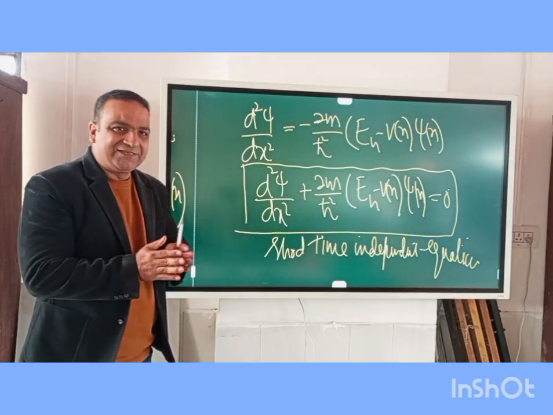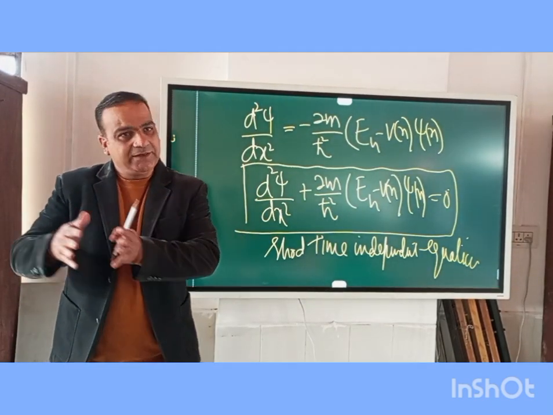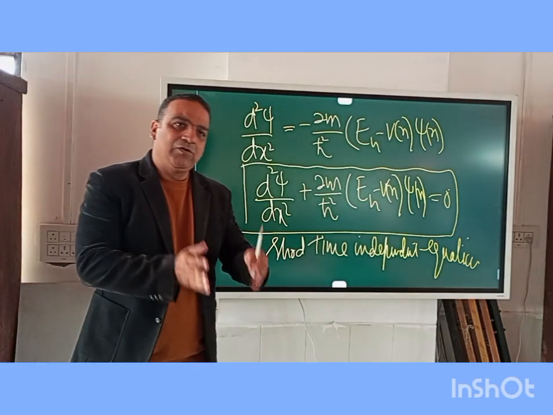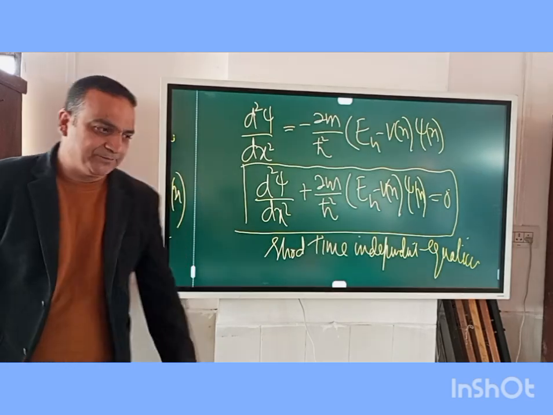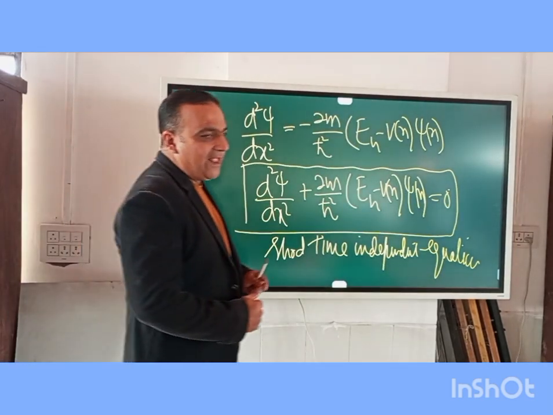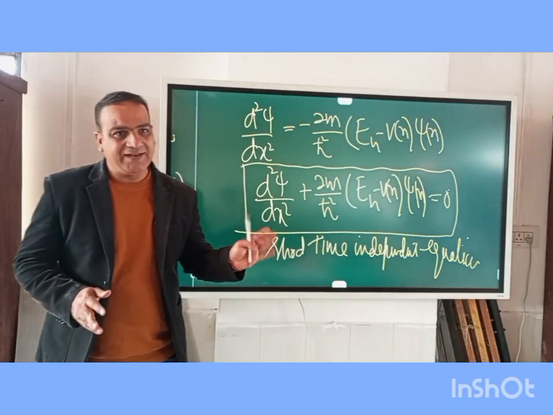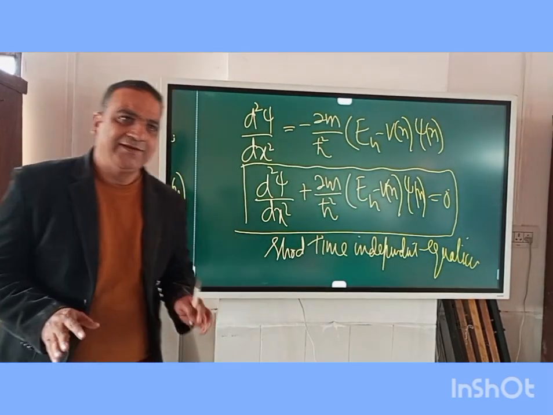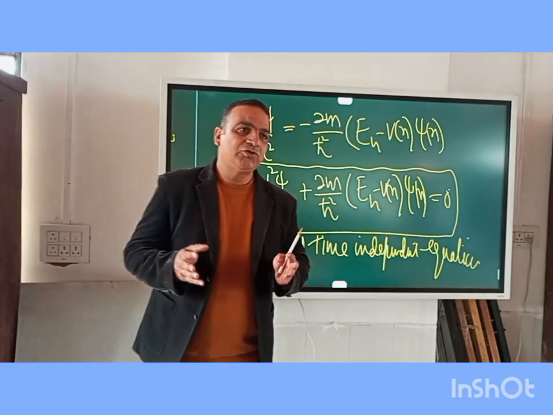And then we got Schrödinger's equation in terms of time, and Schrödinger's equation in terms of position. Now, as we know, this Schrödinger's time independent equation is a second-order differential equation, right? And we would like to solve a problem.